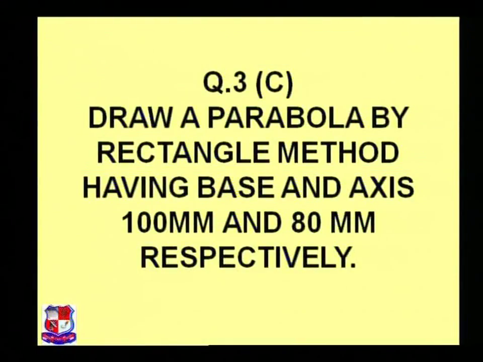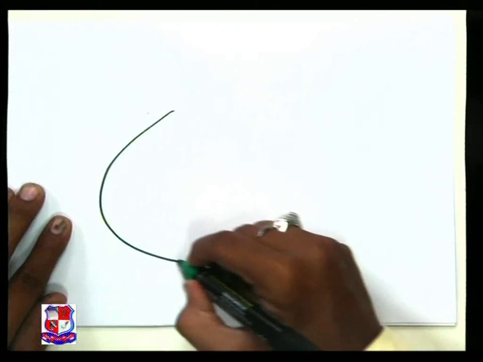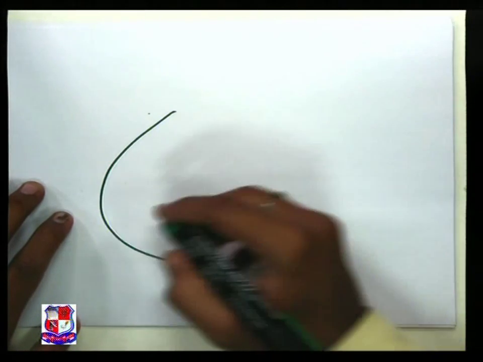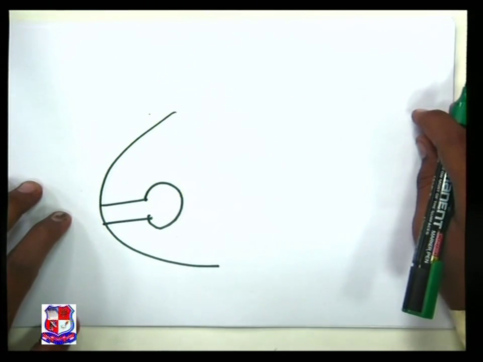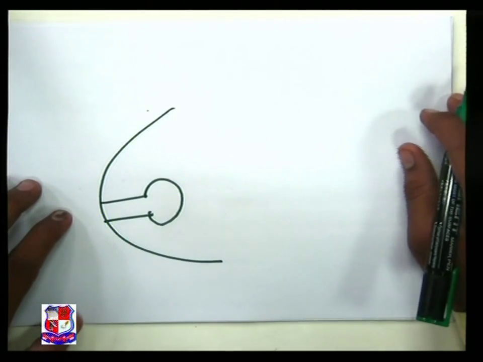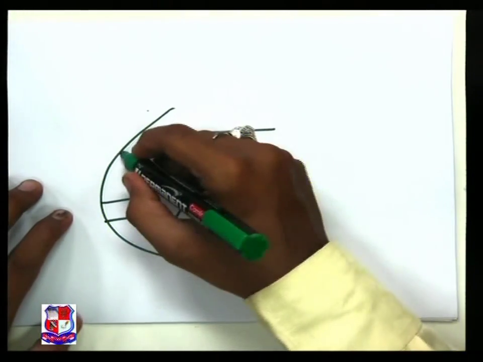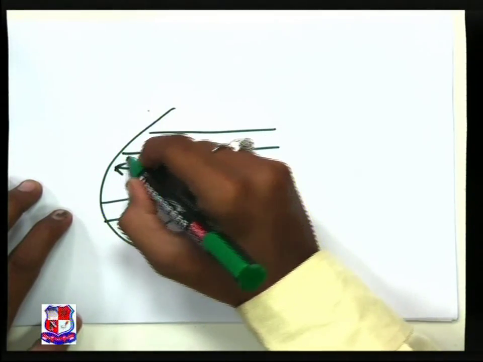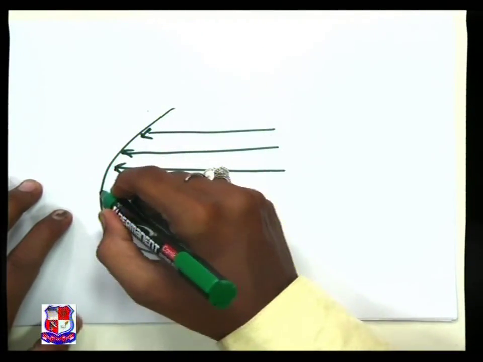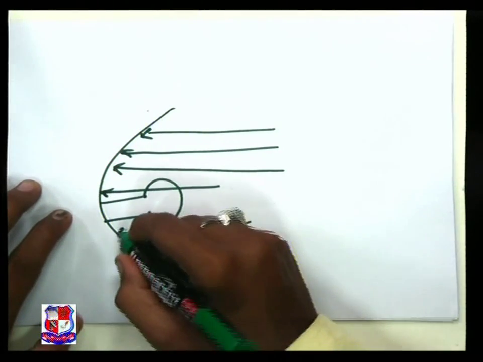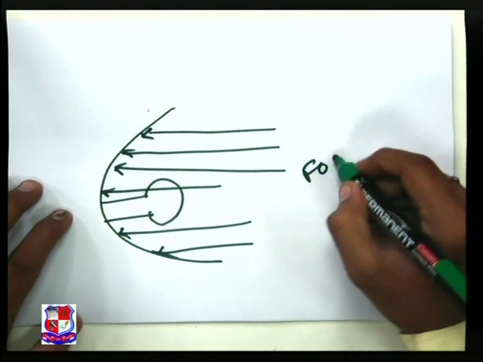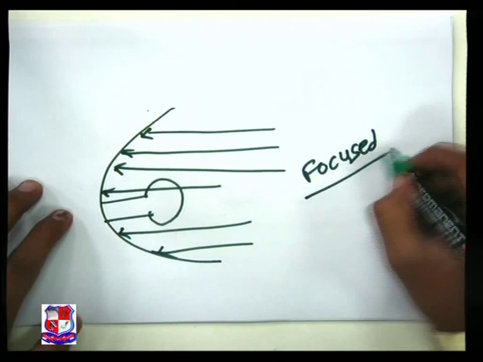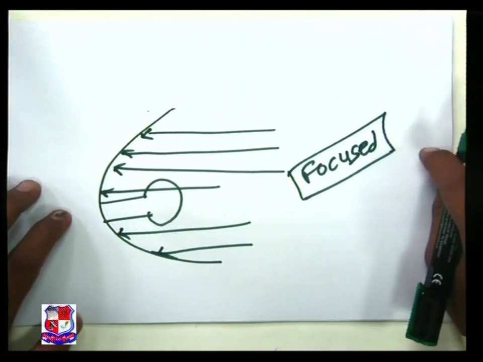Here we are having a headlight like this, a parabola. We are having a bulb kind of circular plate over here, a bulb, and sun rays and all these rays facing this parabola, which causes focused light.